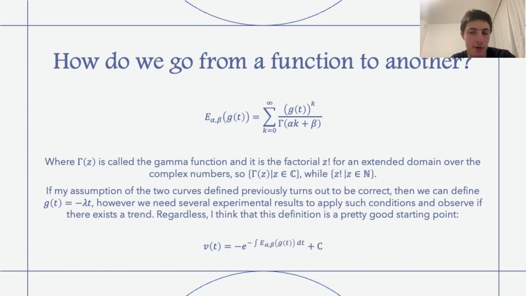The c value, you just rearrange it. Okay, this is just an example, but I wouldn't go into detail without knowing the generic function g of t. And indeed, we actually need experimental results in order to determine this.